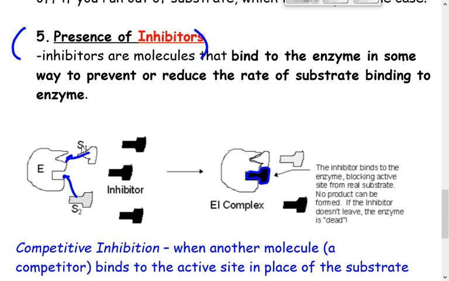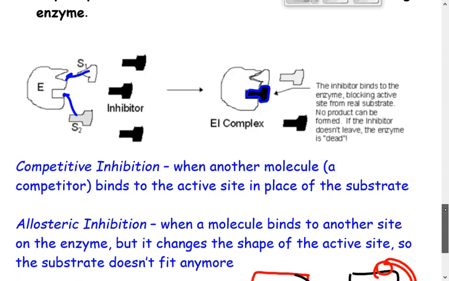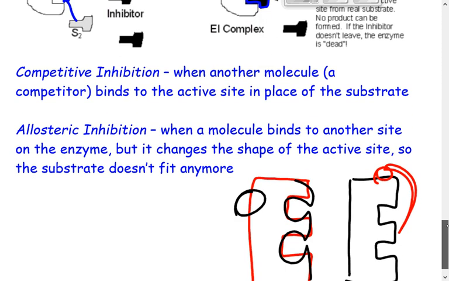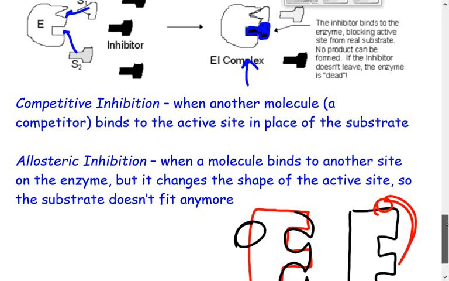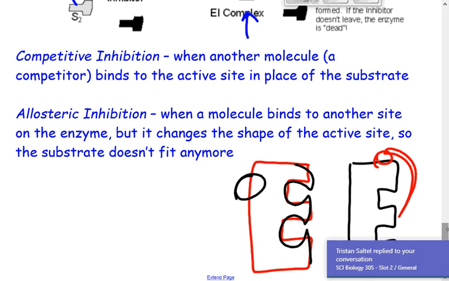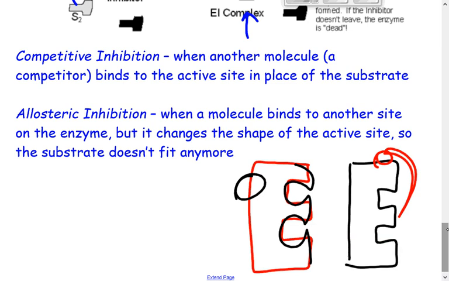A competitive inhibitor is when another molecule, usually like a competitor, binds to the active site in place of the substrate, just like this enzyme-inhibitor complex that we have above. Allosteric inhibition is when a molecule bonds to another site on the enzyme and changes the shape of the active site, so the substrate doesn't fit anymore.